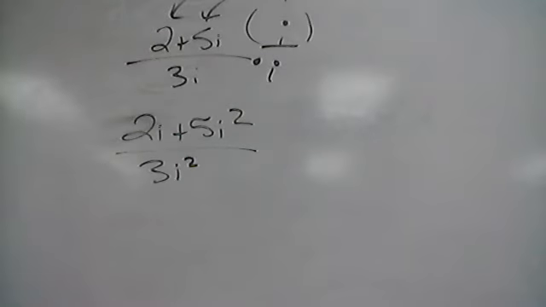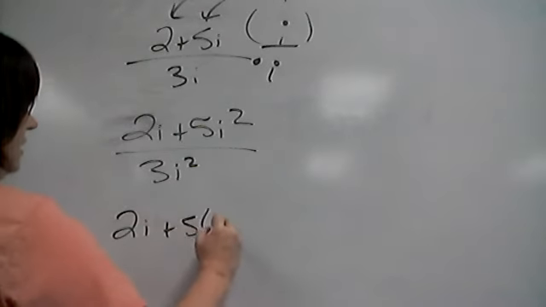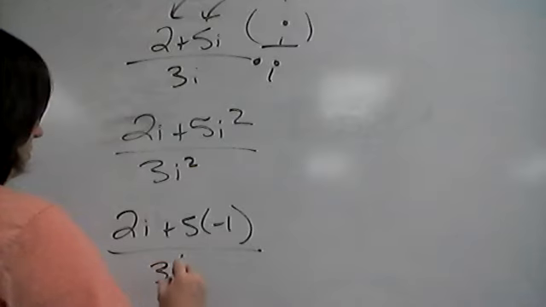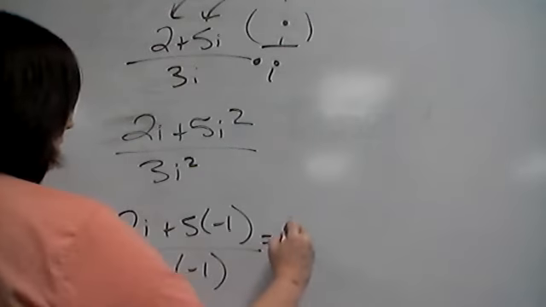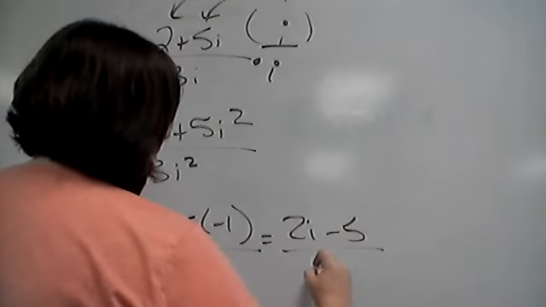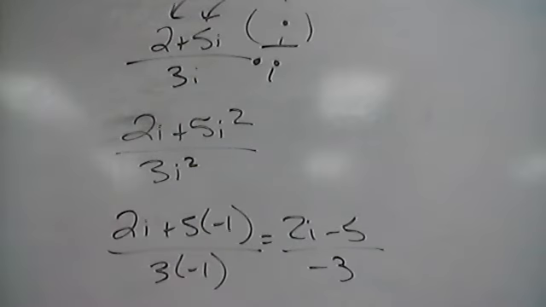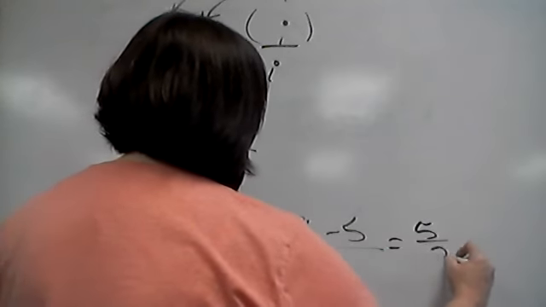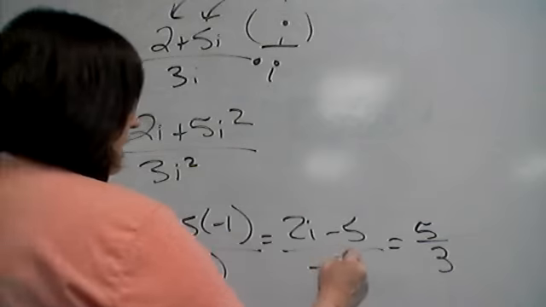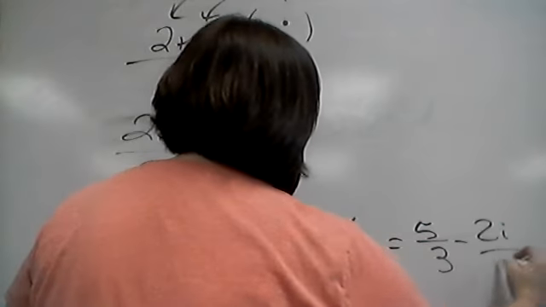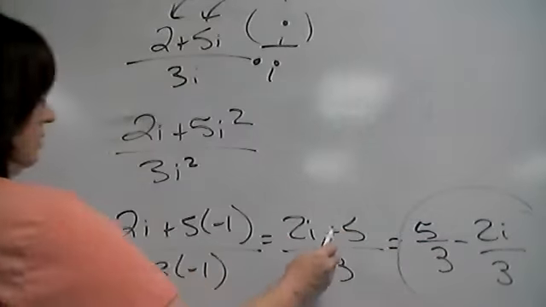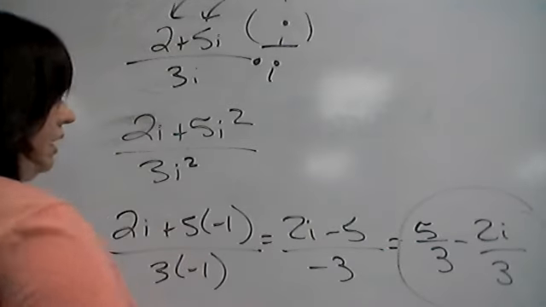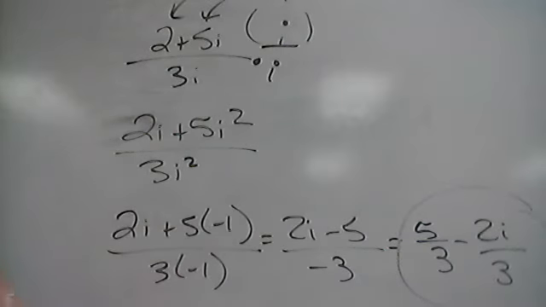Then we're going to replace the i squareds with -1. So 2i plus 5 times -1 over 3 times -1. So 2i minus 5 over -3. And then I'm going to write this in standard form. So negative 5 over negative 3 is 5 over 3, and 2i over negative 3 is negative 2i over 3.